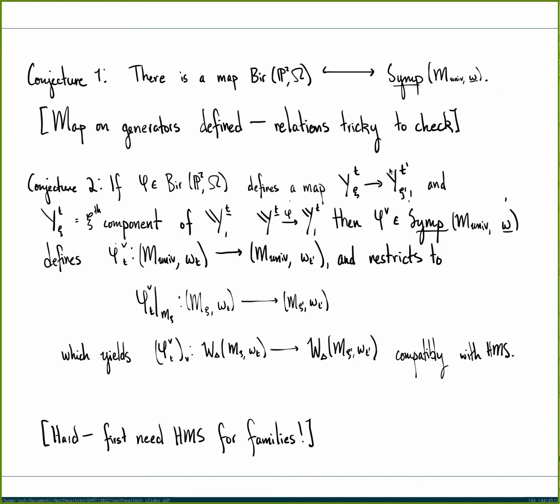Can you say again? You said the motivation is not so much to produce nice and interesting symplectomorphisms on the mirror side. Well, let me say what some people's motivation would be.